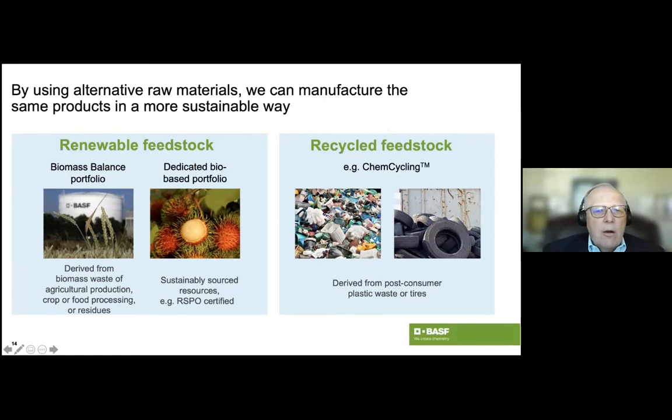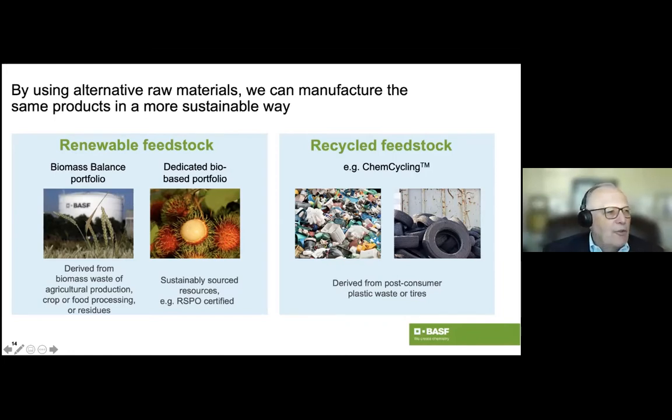And their post-consumer plastic waste and tires are used to feed into very similar processes to be able to make new feedstocks for making various products. And I think people are always looking for the one silver bullet for plastic waste issues.